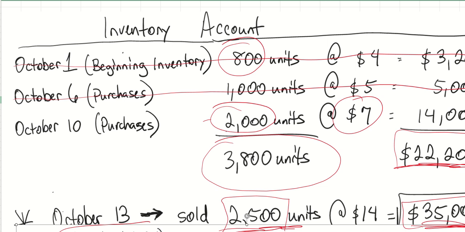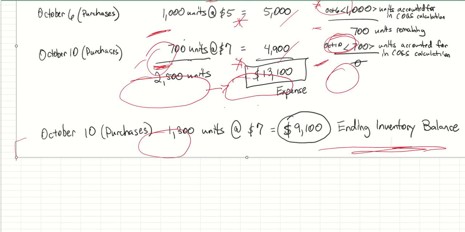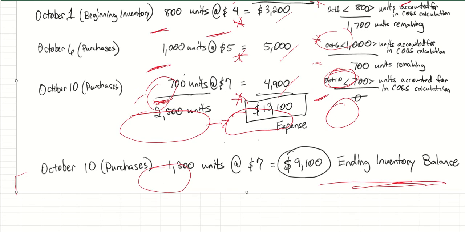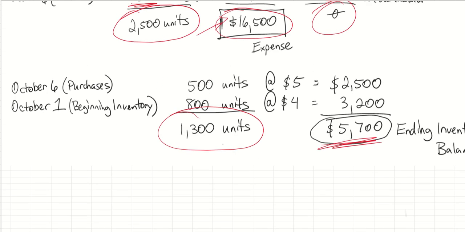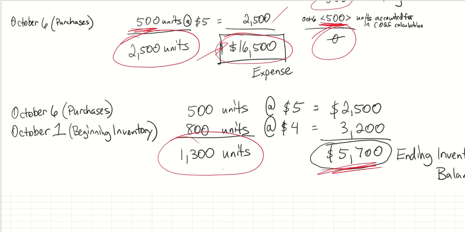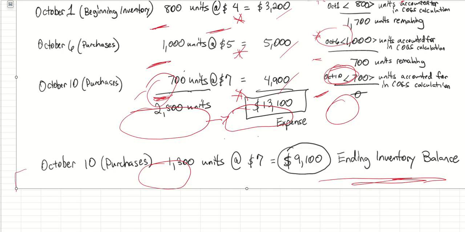So this means that when using the FIFO method, the ending inventory balance is $9,100. Under the LIFO method, it's $5,700. The reason why is because under the FIFO method, the inventory balance is going to include the most recent purchases, and the most recent purchases cost more than the oldest purchases that were already included in the cost of goods sold calculation.